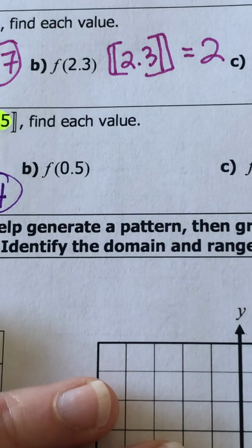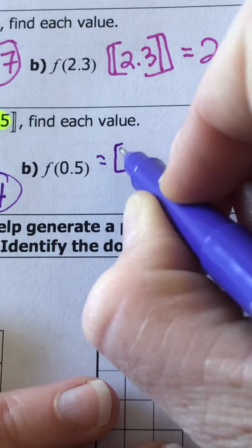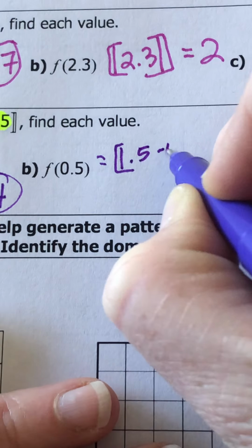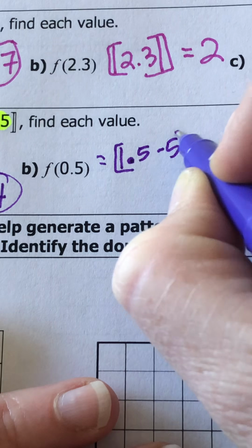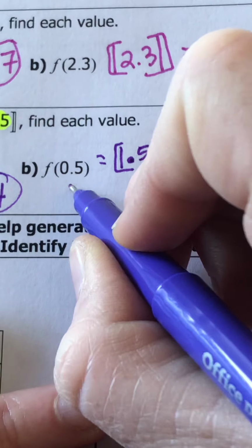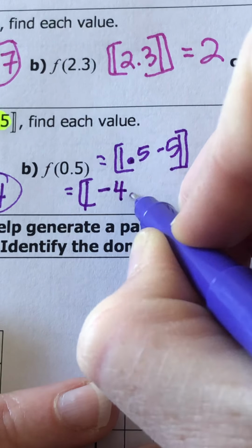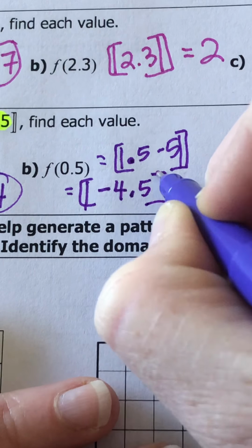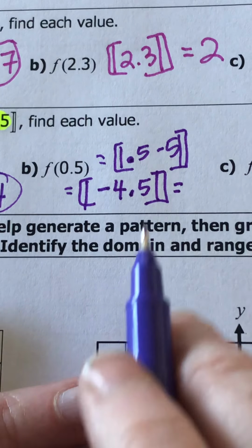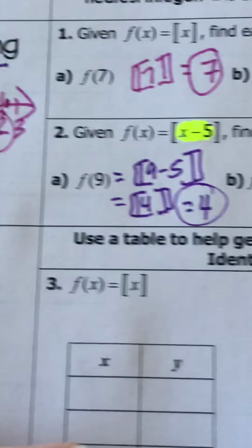All right, let's talk about b. This would be the greatest integer of 0.5 minus 5, which is the greatest integer function of negative 4.5. So is that answer negative 4 or negative 5?